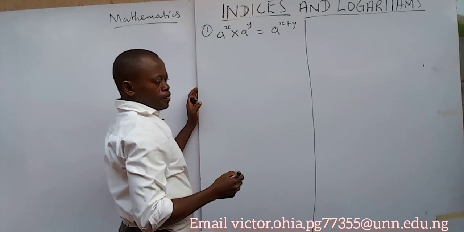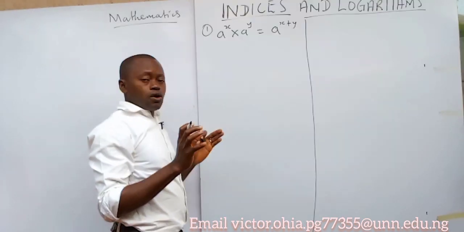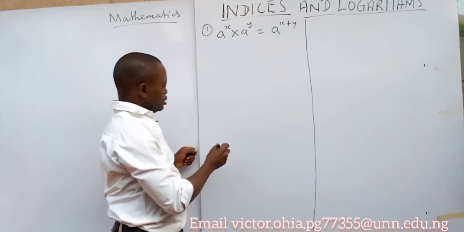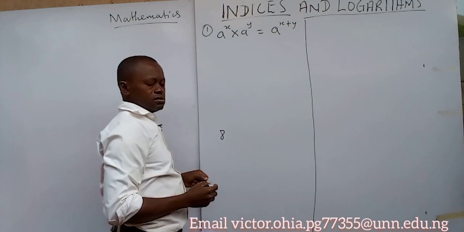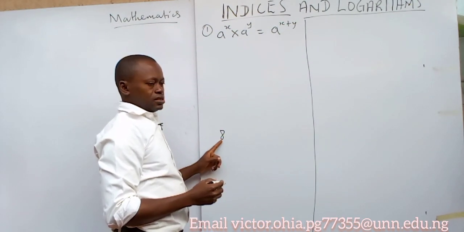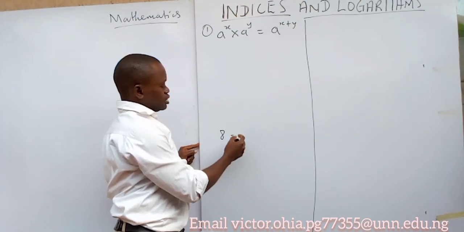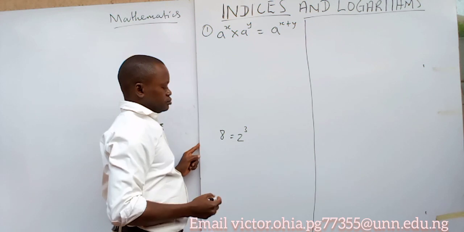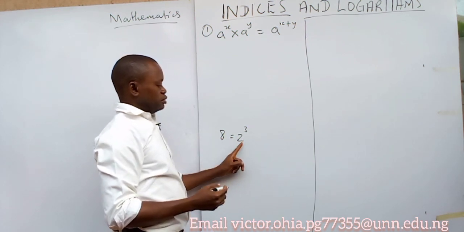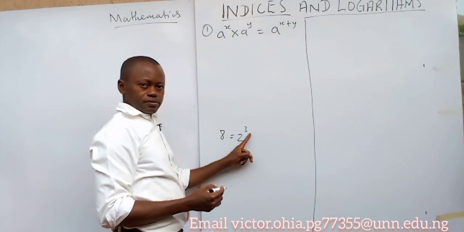Indices is coming from that word index. If I write 8, this is a number, I can rewrite this in its index form. This is the same thing as 2 raised to power 3. So this is the base, and this is the index upon which this base is raised.